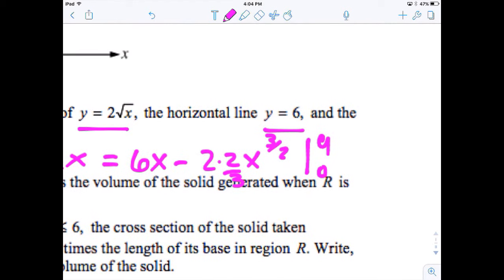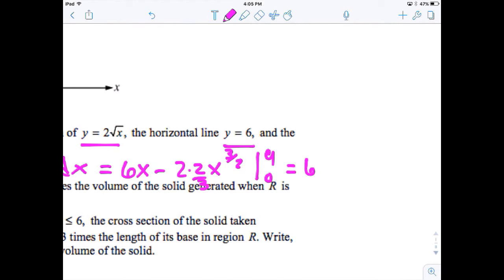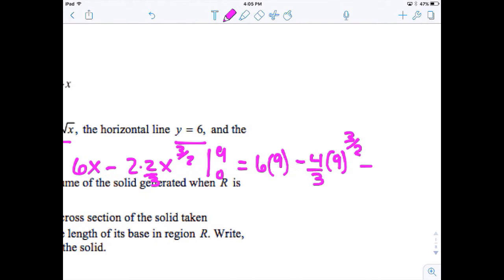Now you could plug in those values and be done there. So you could do 6 times 9 minus 4/3 times 9 to the 3/2, and then minus 0 for that whole expression, or you could do 0 times 6 minus 4/3 times 0 to the 3/2.